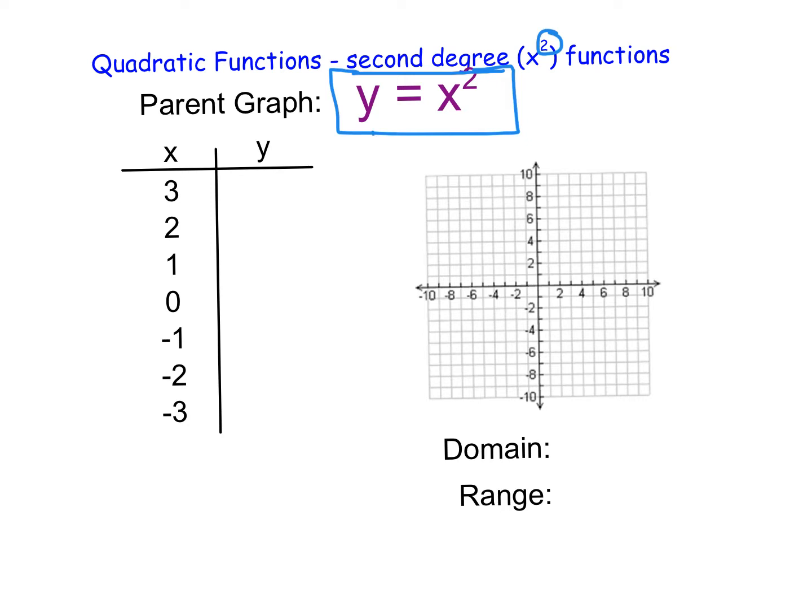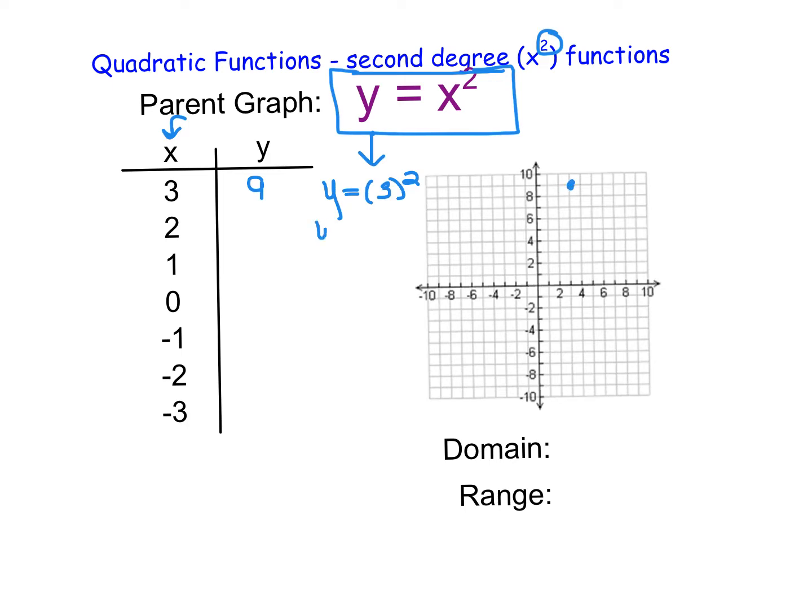Here we're just going to take our values for x that we have here in our table, x is from 3 to negative 3, and we're going to plug them into our equation. So we have y is equal to 3 squared. Well, I know 3 squared is 9, so that would become 9. So I go to my graph, and I graph x is 3, y is 9.